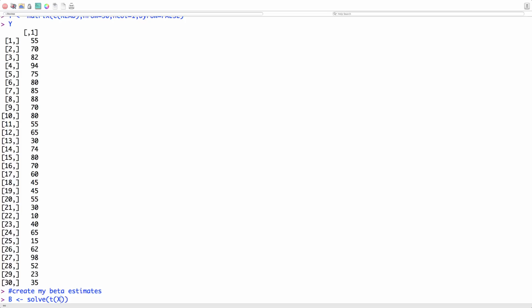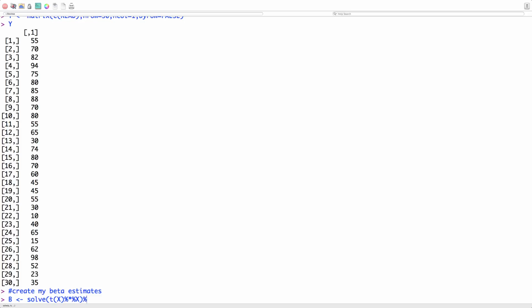I want the transpose of X. Remember, we can't just do multiply. We multiply matrices, so we have to do percent sign times percent sign, and times X. So this part right here takes X transpose times X and takes the inverse of it.